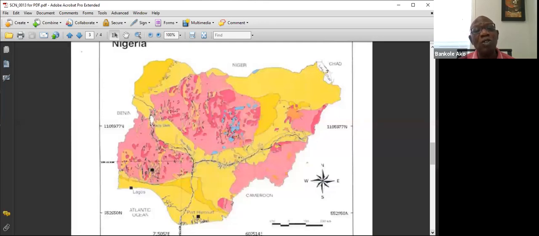We have the pegmatite zones of Nigeria. We have the younger granites. We have the older granites. We have the basalts or extinct volcanoes as we see them in the Jos area through to the Adamawa zone. If we have all of these rocks that are amenable for mineral deposits, what does the Nigerian mineral scene look like?